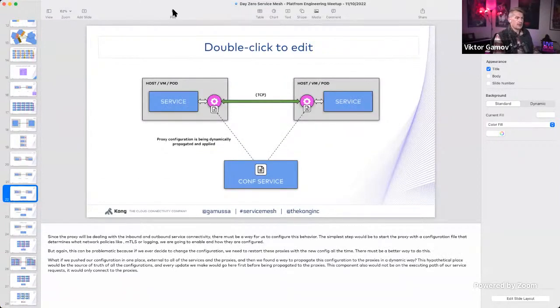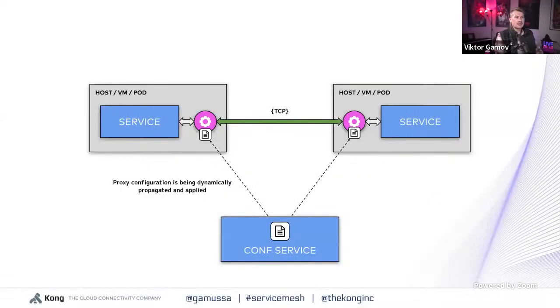The control plane is not part of the request chain or the execution path. The control plane is only responsible for keeping a connection with the data planes, and no traffic goes through the control plane.